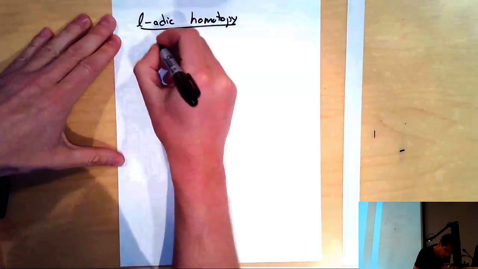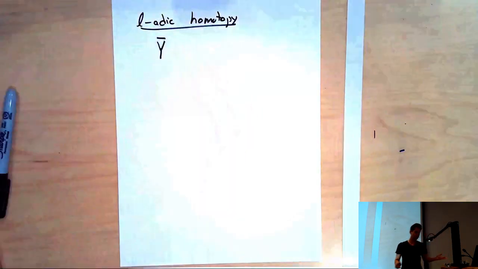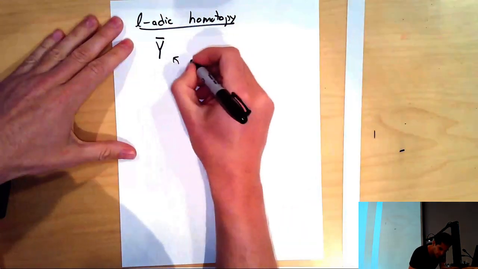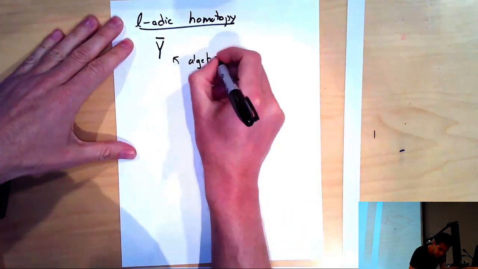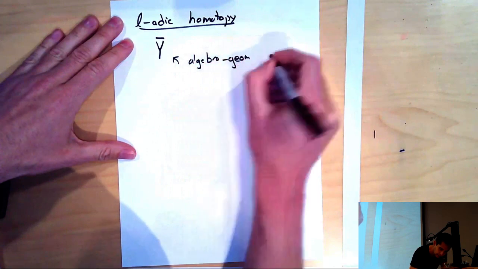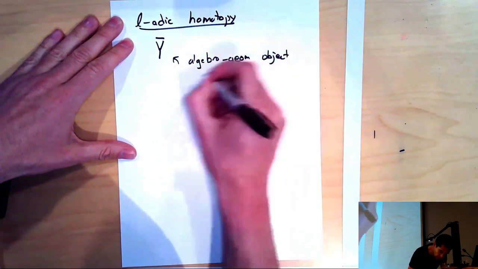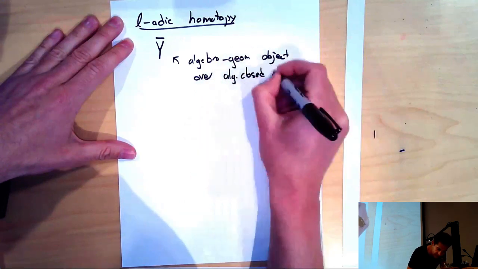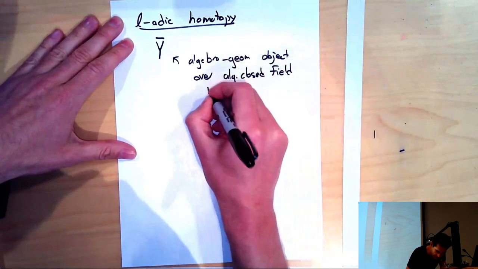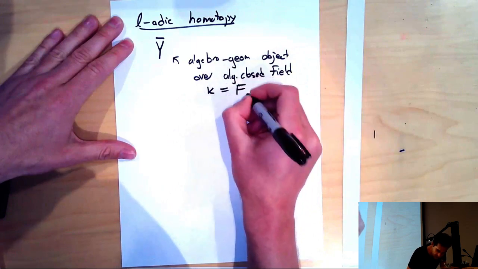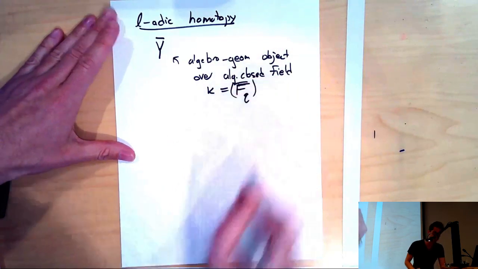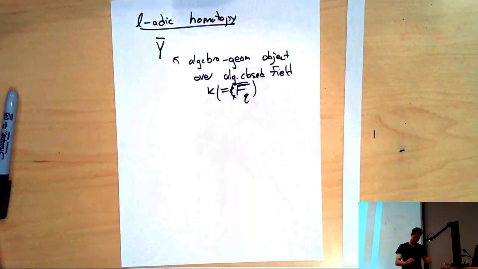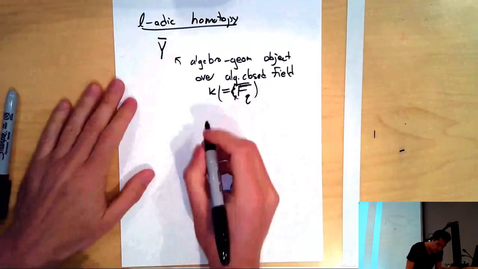So what follows, Y bar is going to be some algebro-geometric object over an algebraically closed field K, and the case that I'm interested in is where K is the algebraic closure of a finite field, but it's not going to matter until later.